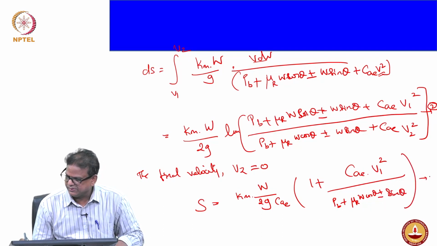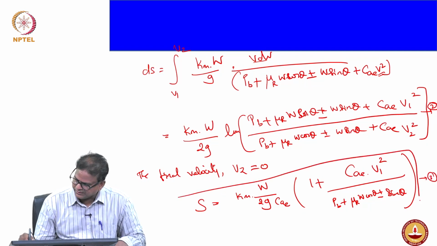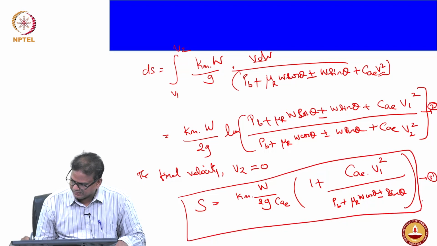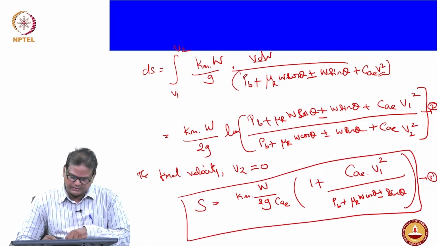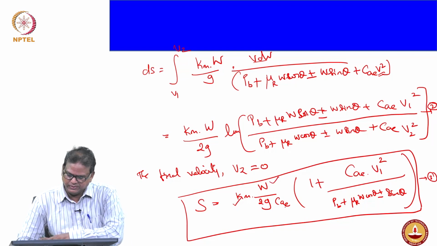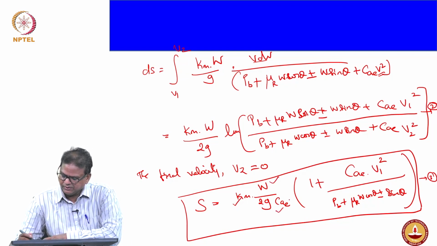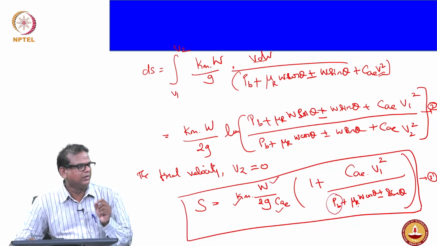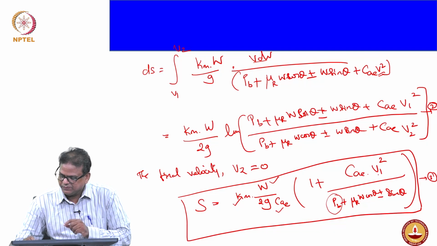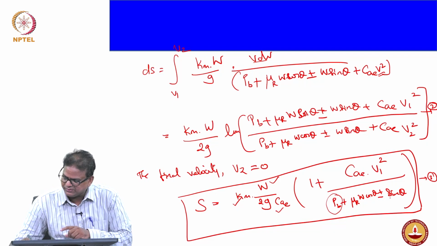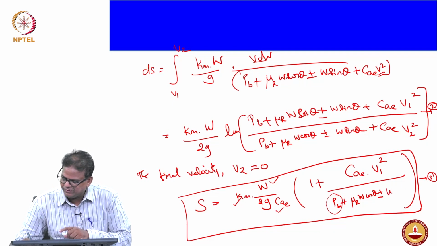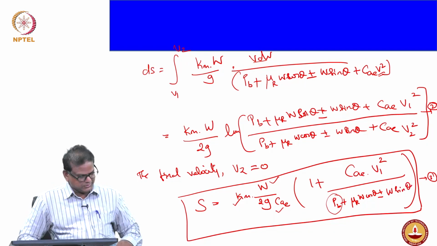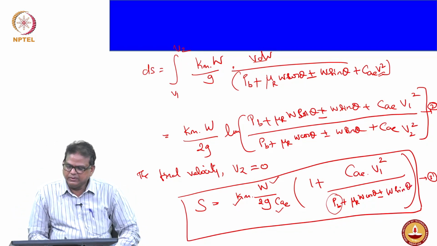So this is equation number 3, the stopping distance of the vehicle. You can see it is related to Km, the vehicle weight, the aerodynamic coefficient, the braking effort PB, mu R, which is nothing but the rolling coefficient of friction, then the initial velocity V1. I think I missed one term here, it should be W sin theta. This is what happens.